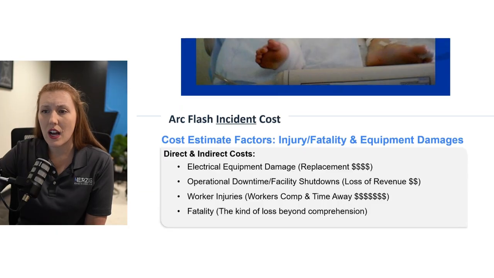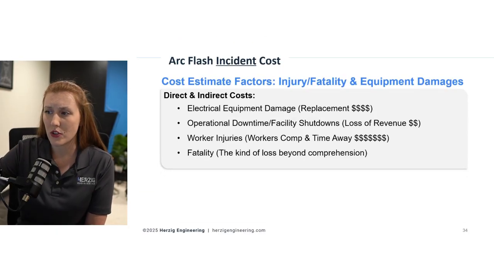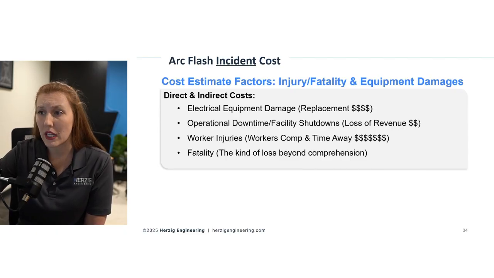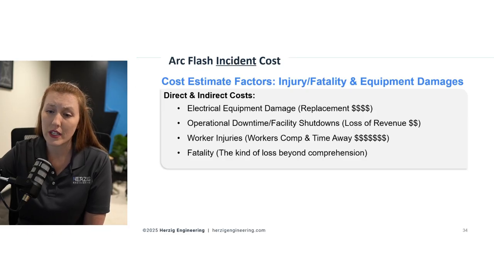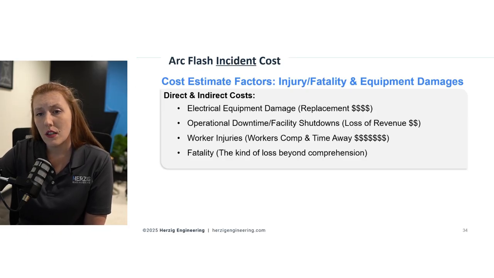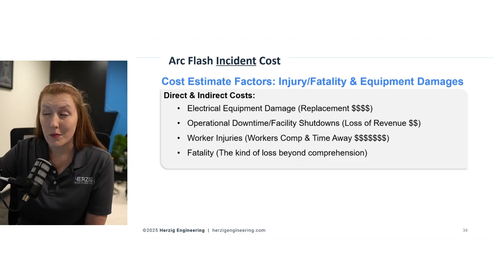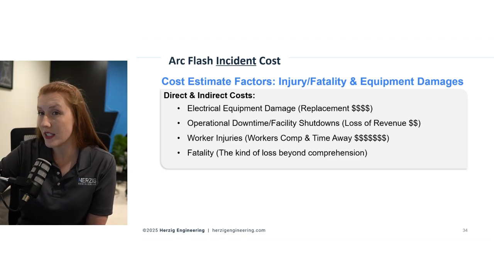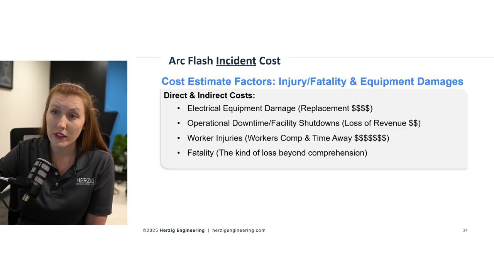So yeah, we've got direct cost issues that we need to be concerned about, such as equipment damage, having to replace or refinish or recondition that equipment. There's, of course, operational downtime, possibly even entire facility shutdowns, depending on how bad it is. That's a lot of loss of revenue.